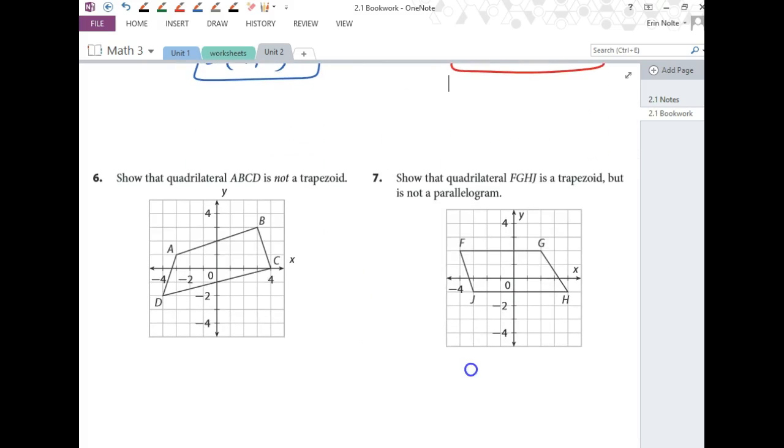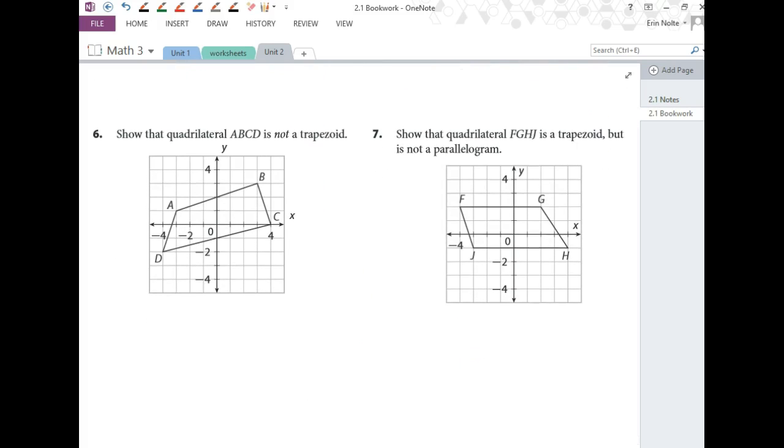Okay. All right, so question number 6 says to show that ABCD is not a trapezoid. So if they're not a trapezoid, what are we going to show? No parallel lines. None of the slopes are the same, right? None of them. Okay, so we got to go all the way around to find the slopes.